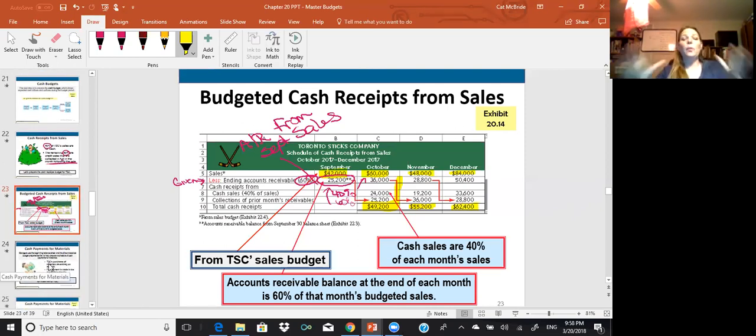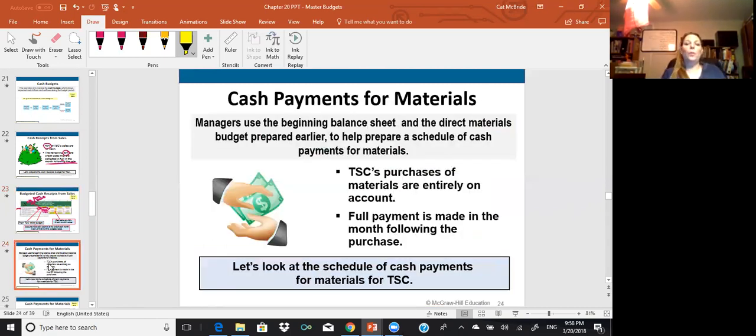Okay, so that's where we're bringing cash in. We bring cash in from sales. Now we have to look at how cash goes out. So the way cash goes out is the same as the way cash comes in. When we have cash go out, a lot of the times we might buy something for totally cash, but often we'll buy something on account and pay for it later.